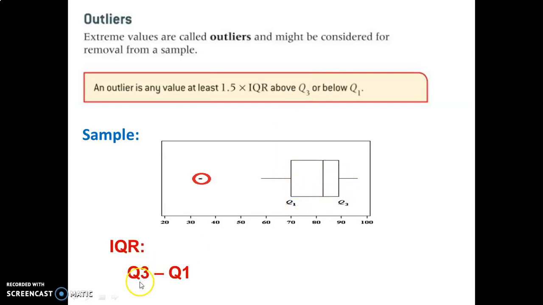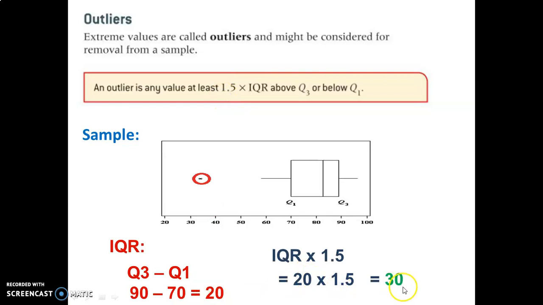So IQR, Q3 minus Q1, 90 minus 70 is 20. Our IQR is 20. Now we multiply the IQR by 1.5. 20 times 1.5 is 30.